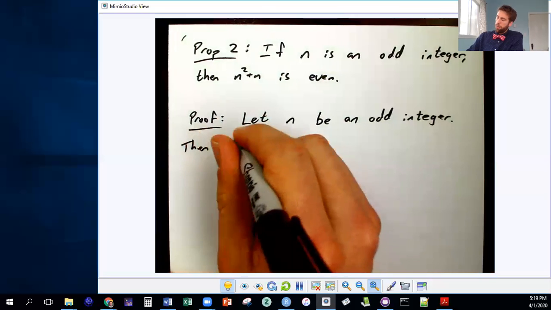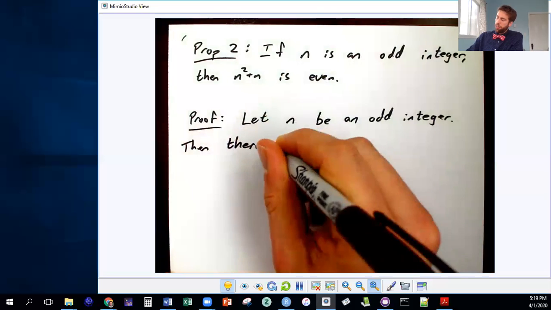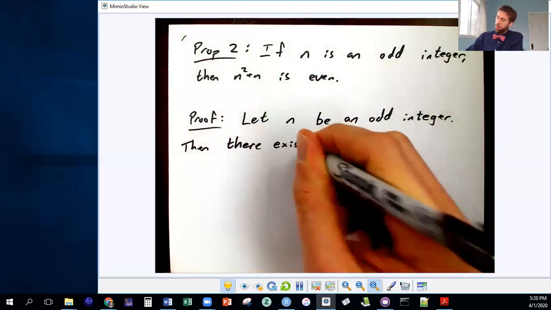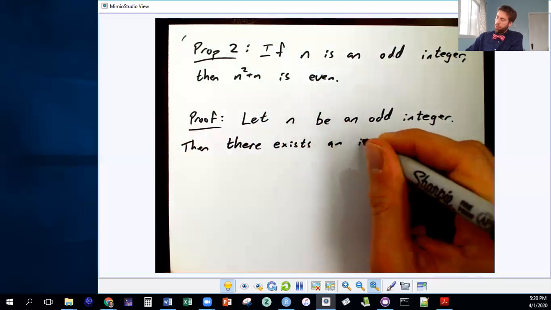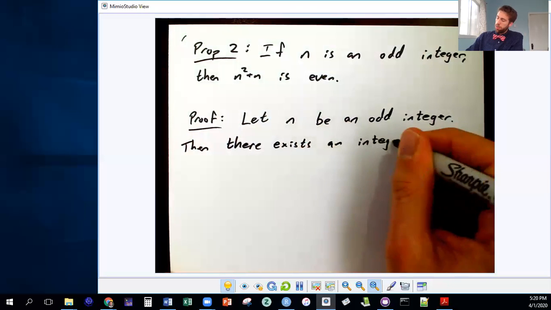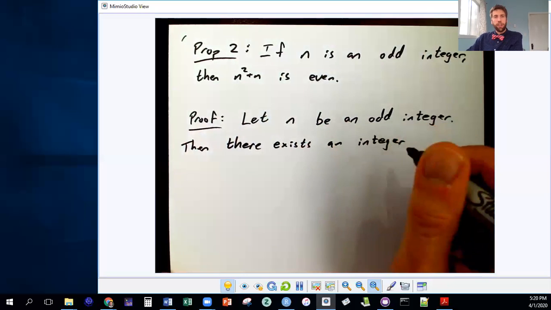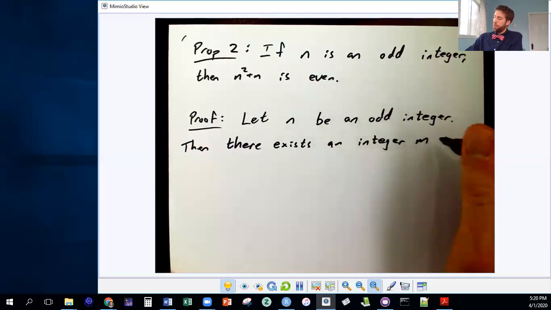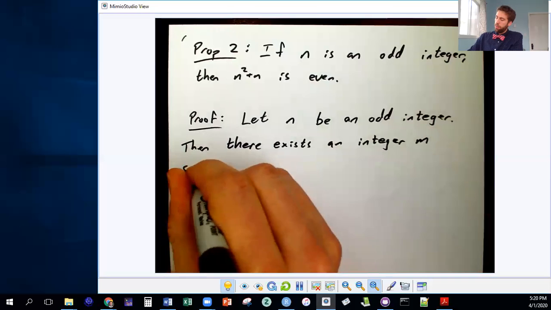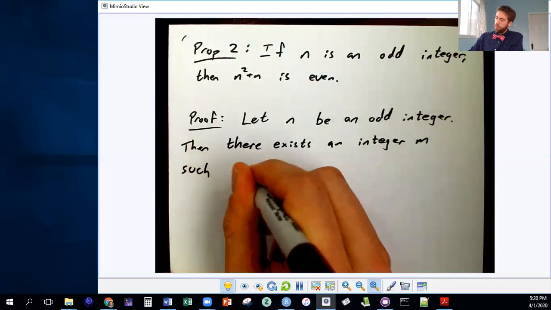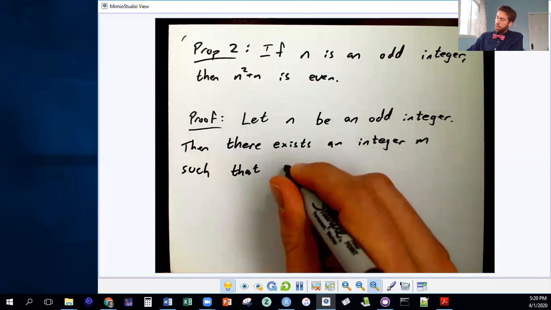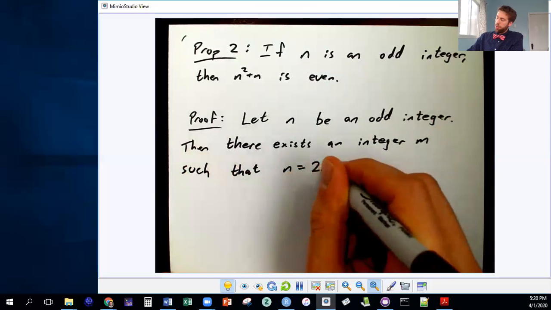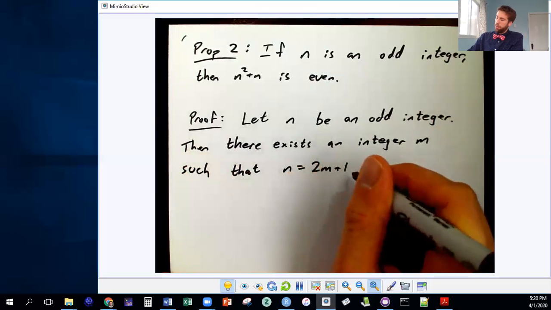Then there exists an integer, should we use m again or a different letter? Let's use m again. An integer m such that n equals 2m plus 1.